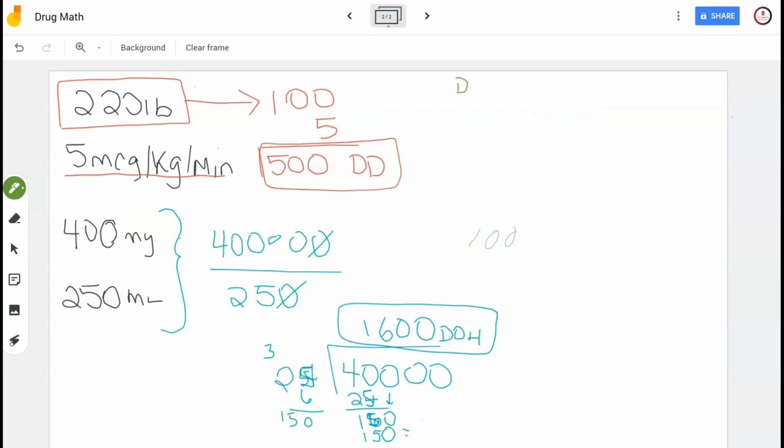It's desired dose over dose on hand times your drip set. So your desired dose is 500. Dose on hand is 1600. What drip set am I going to use? 60. Good.